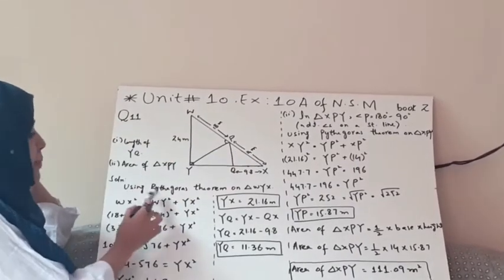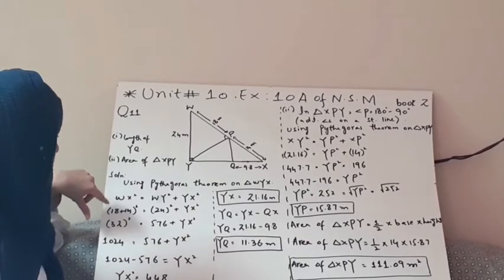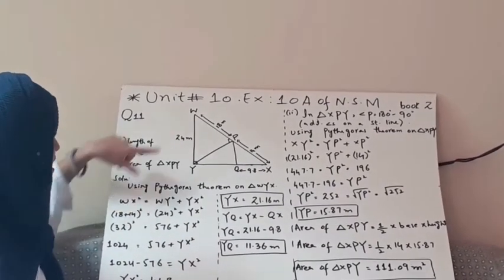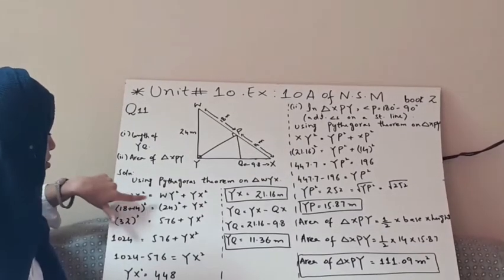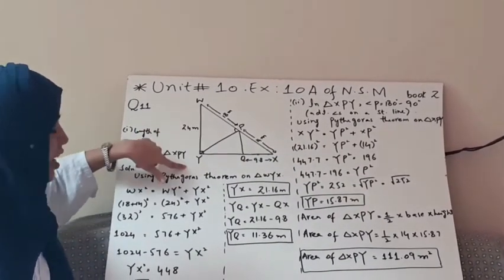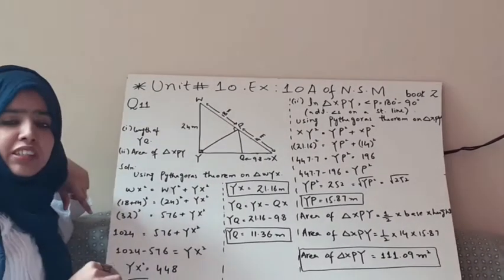So using Pythagoras theorem on triangle WYX: WX square equals WY square plus YX square. Now you just need to put in the values.